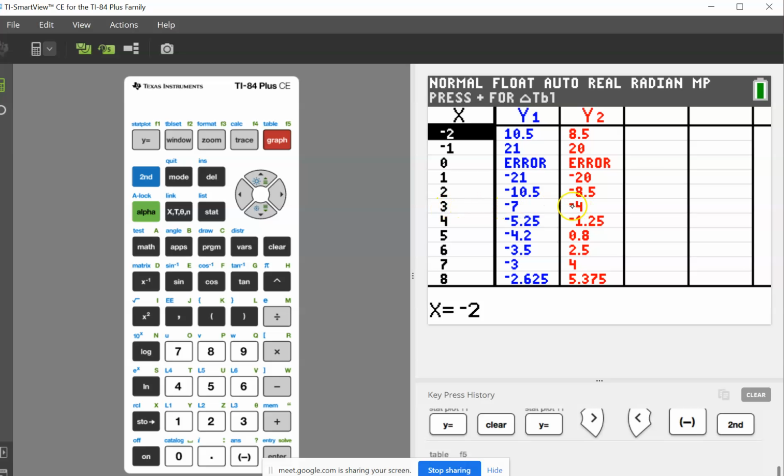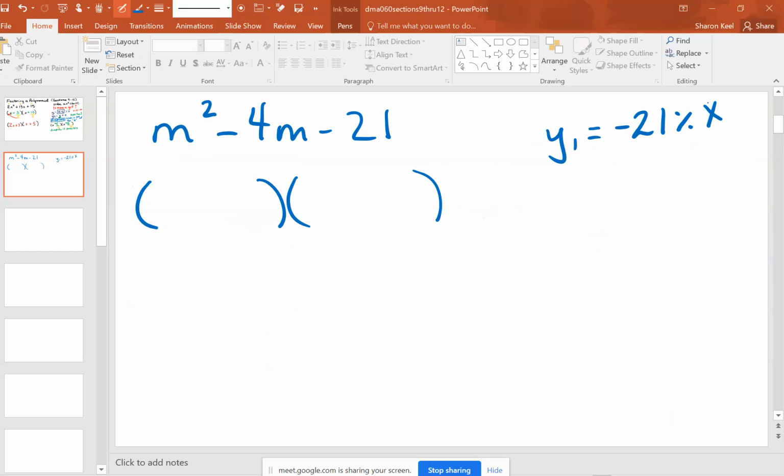Then in the parentheses, I'm going to have m plus 3 and m minus 7. And like I said, I'm going to jump around to the different sections.